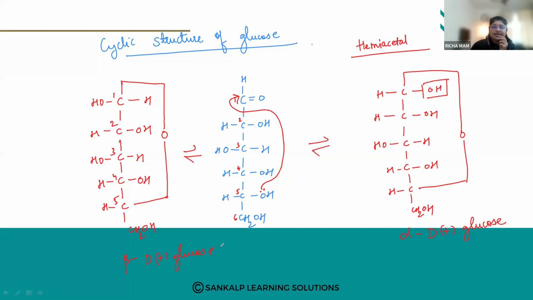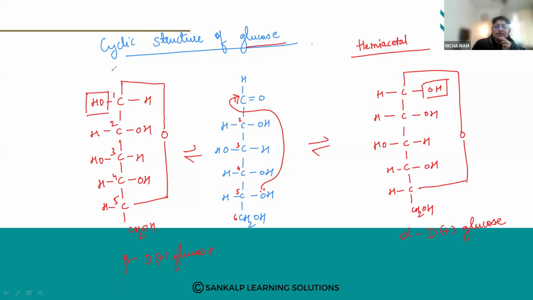It can exist in two cyclic hemiacetal forms. So these are the hemiacetal structures of glucose. So here the OH group is on the left hand side, so it is beta D glucose. If it is on the right hand side, it is alpha D glucose. So this is the cyclic structure of glucose.